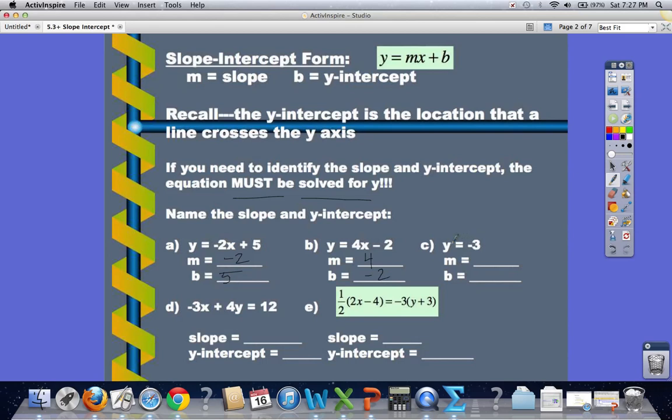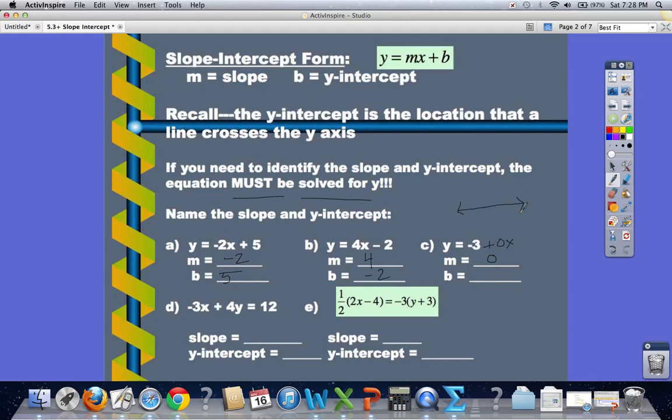This one says y is equal to -3. Alright, I don't have an x in this equation. It's just a y equals. And we should know what kind of slope a y equals has. If there's no x, you could always just put a 0x if you wanted to. If that's the case, that means it's a 0 slope, because remember, y equals -3 is going to be that horizontal line.